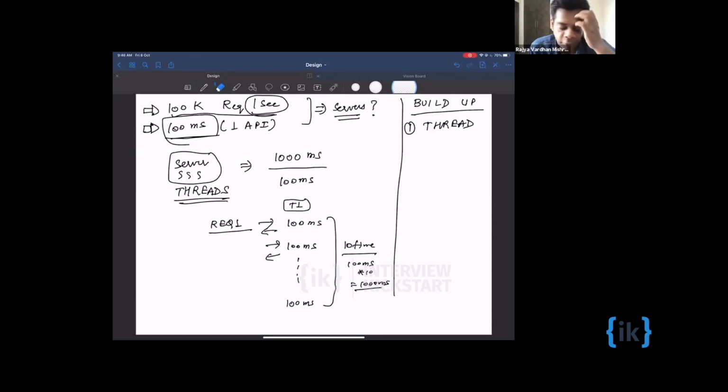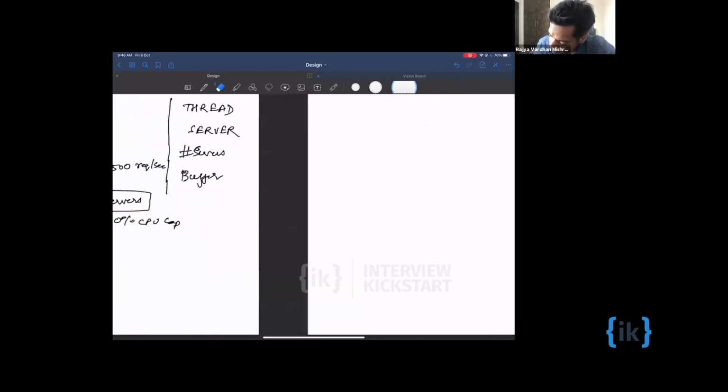This is the question. It depends on the nature of the system. If you are designing a social network kind of thing, writes don't matter, because reads could be 1,000 times the writes.